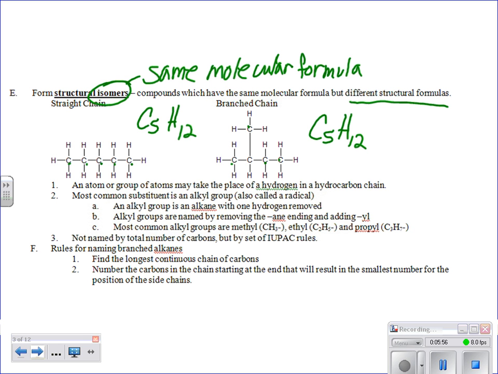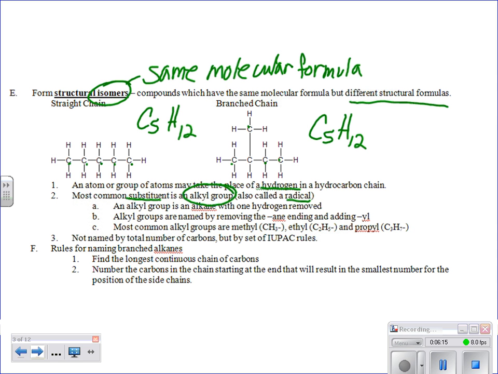So an atom or a group of atoms may take the place of a hydrogen in a hydrocarbon. That's what we're going to end up seeing here, that those guys are considered an alkyl group. You can also hear them termed substituents or a radical, but most often I'll call them alkyl groups.